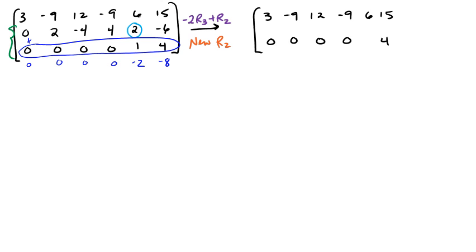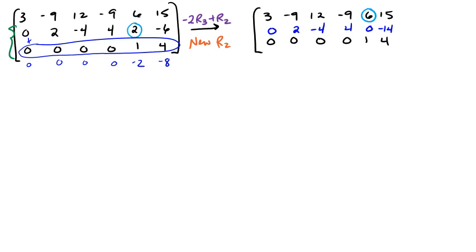And then I'm going to add that to row 2. So I get 0, 2, -4, 4, 0, -14. Sorry, this is a little messy. Okay, excellent. Now what I want to do is I want this to be a 0.